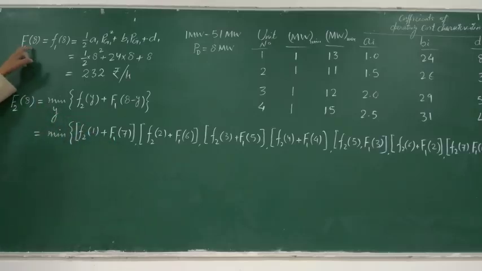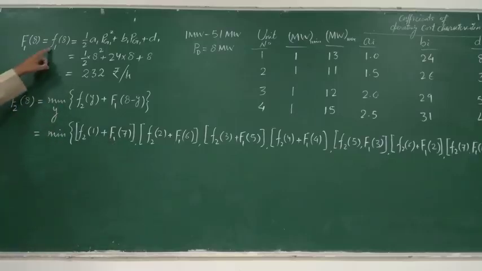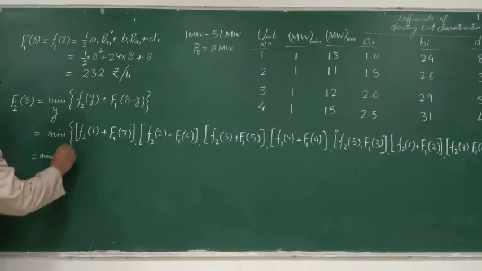So as F18, the minimum cost of generating 8 megawatt by first unit, similarly we can evaluate F17. Evaluate it. Tell me the values. So this will be minimum of, and what about this?